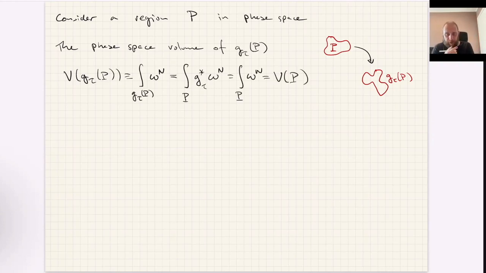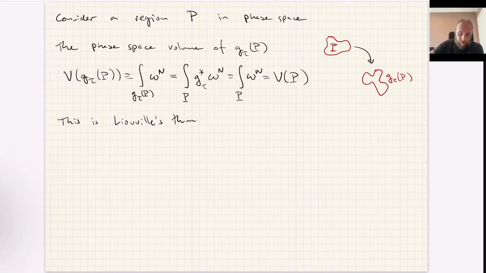Right? So this actually proves Liouville's theorem, expressed in symplectic geometry. It should be pointed out also that this is not only true for a 2n-dimensional region P. We could choose any region which has an even dimension, of dimension 2k.